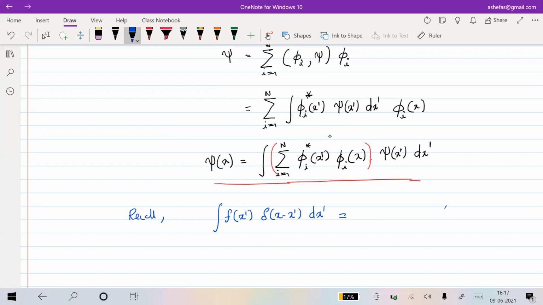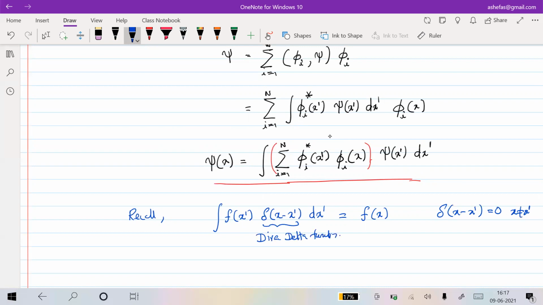So delta of x minus x prime equals 0 when x is not equal to x prime. It has value only when x equals x prime. So this integration will pick up the value of the function at x prime equal to x. This is the definition of the Dirac delta function.